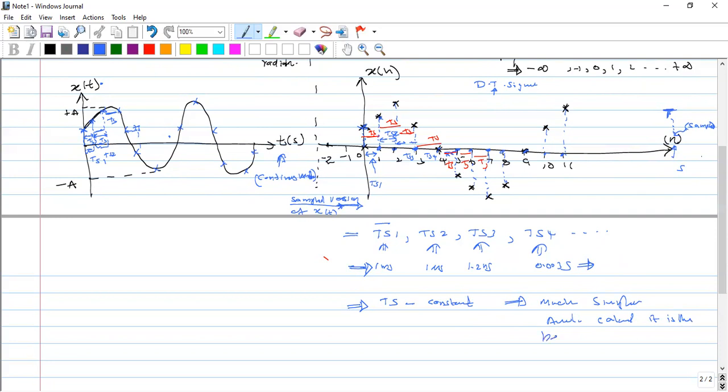If this way is not used, it will be more difficult when we are analyzing and calculating different stuff. So normally we select this time gap as a constant value.